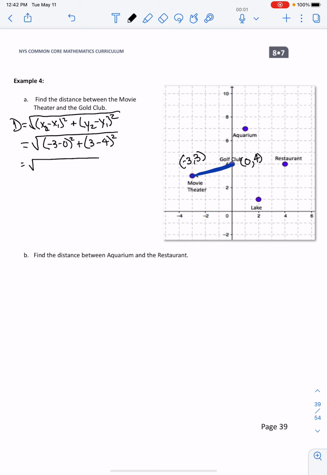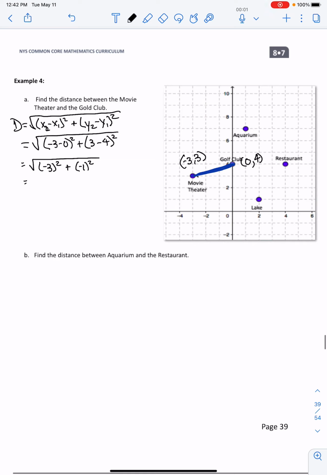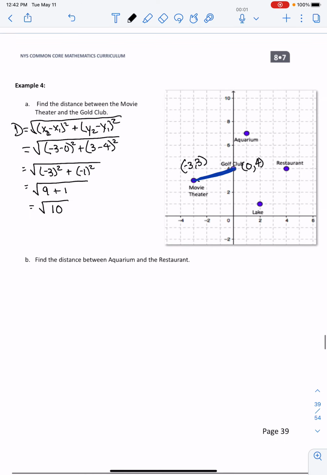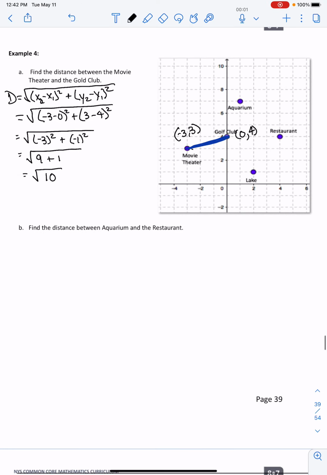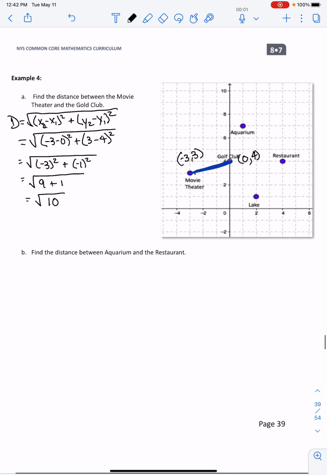So then I have -3 minus 0 is -3 squared plus -1 squared. So now I have 9 plus 1, which is the square root of 10. Now here it doesn't say anything about rounding, so I am going to simply leave it at the square root of 10.